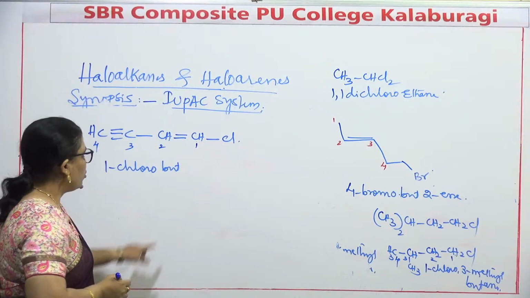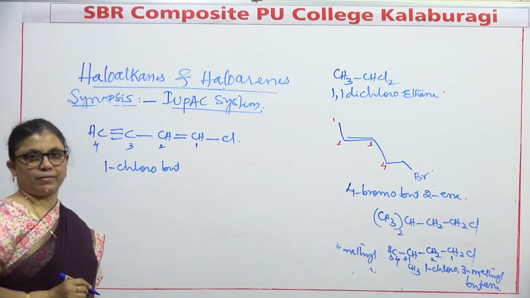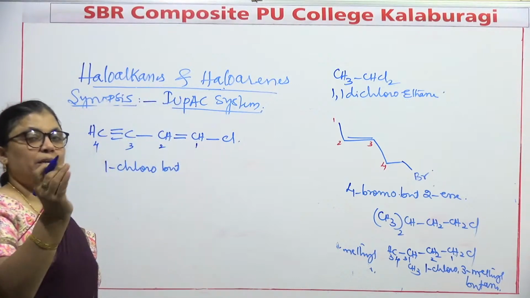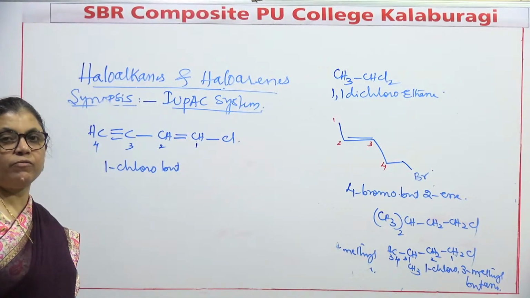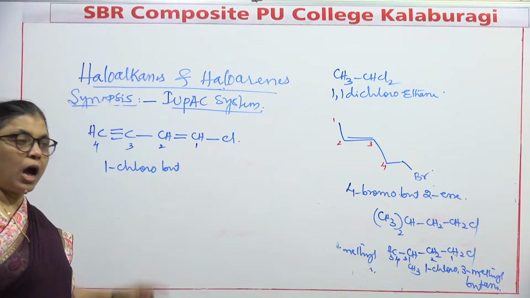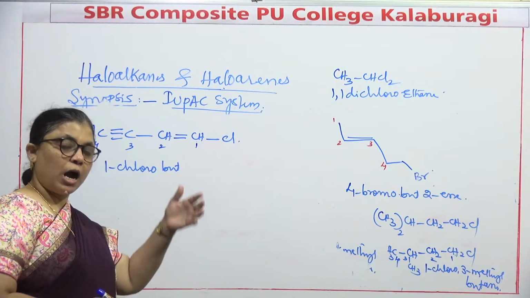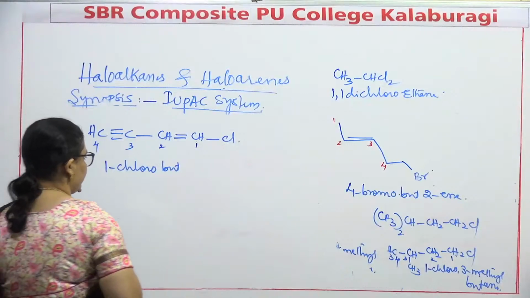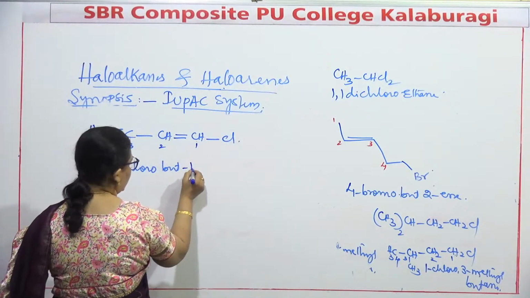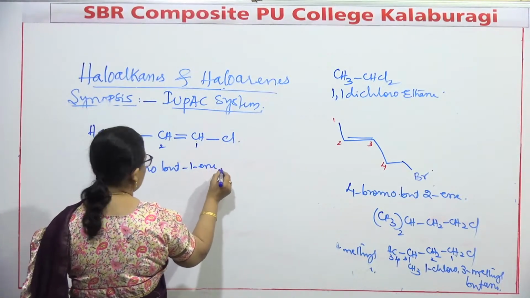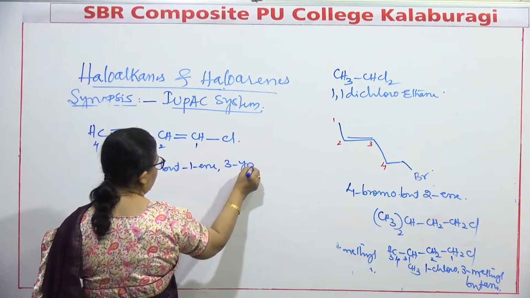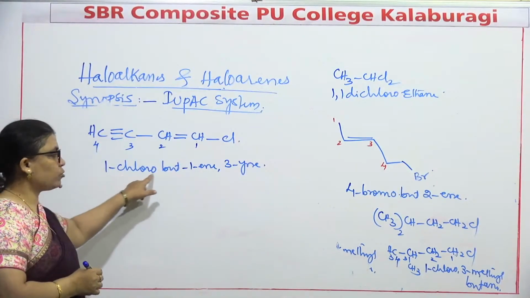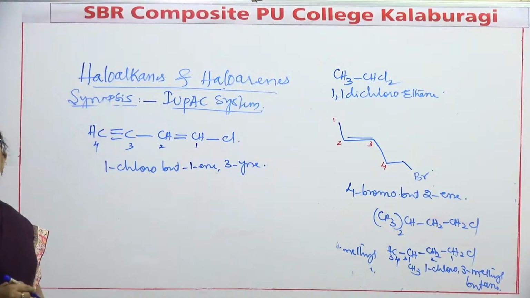Correct? Now, ene and yne both will be present. Ene is for carbon-carbon double bond, yne for carbon-carbon triple bond. According to alphabetical order, and according to the series also, ene will be first, yne next. So we can write it as but-1-en-3-yne. So we can write it as 1-chlorobut-1-en-3-yne.